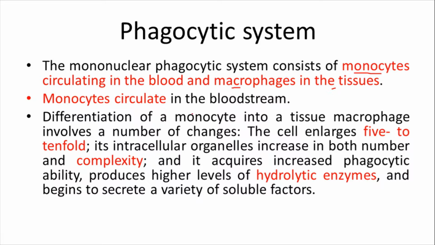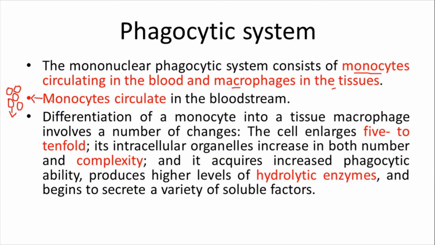You know very well monocytes circulate in the bloodstream alone. So please keep that in mind. But the monocytes do some functions. They circulate, they are stable, they are produced from bone marrow, they cross the endothelial cells, and they sometimes engulf antigens at the circulation level and try to invade the antigen.